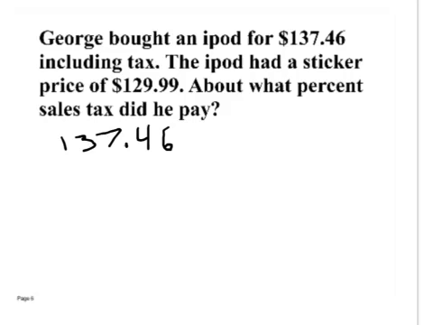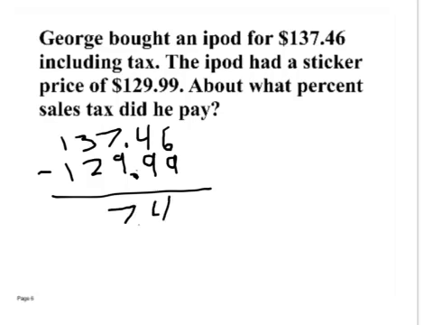That was including tax. I'm going to subtract the sticker price from that, because this will tell me how much he paid in just tax. Well, $129.99 from $137.46 is $7.47. So this is how much he paid just in tax.